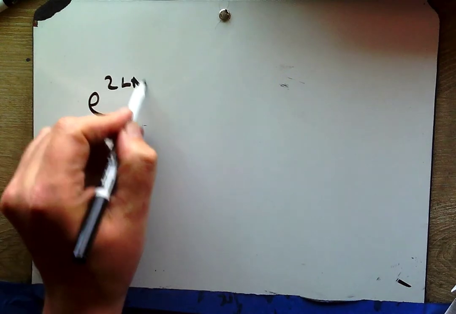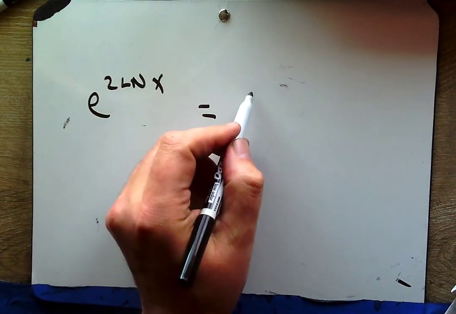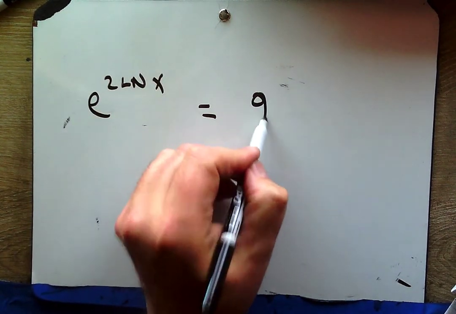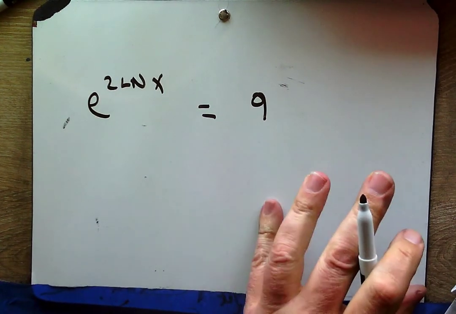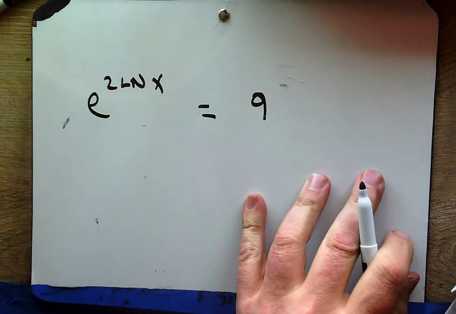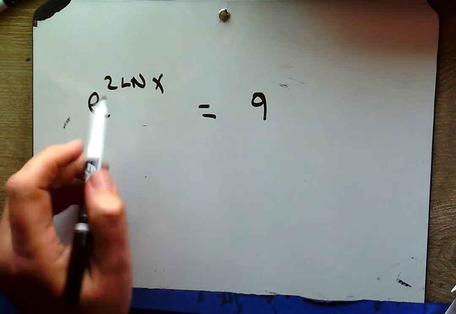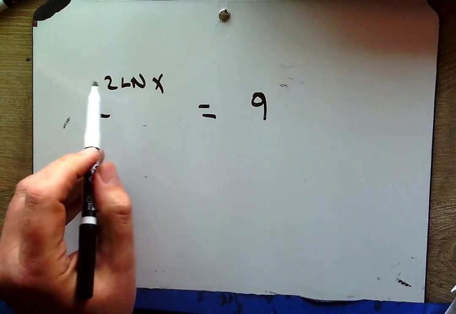How about this one? e to the 2 ln of x equals 9. What can I do here? Yeah, there's a problem with that though.